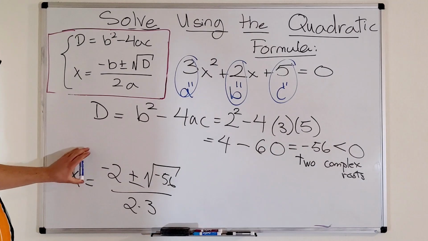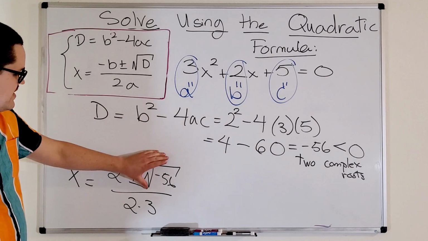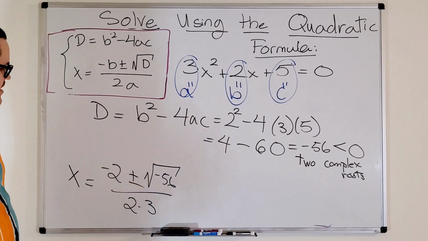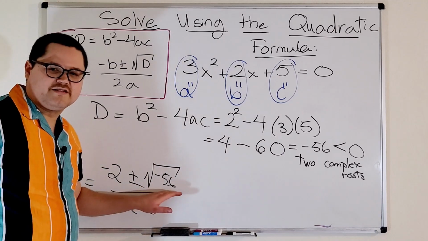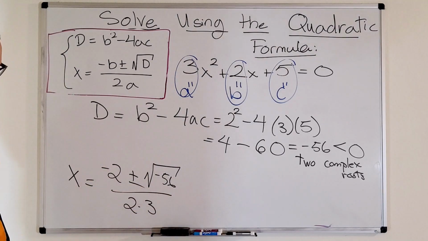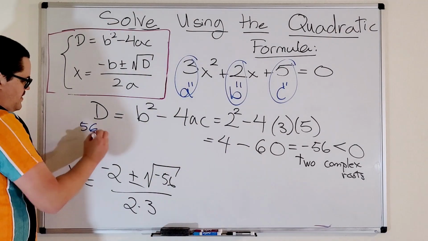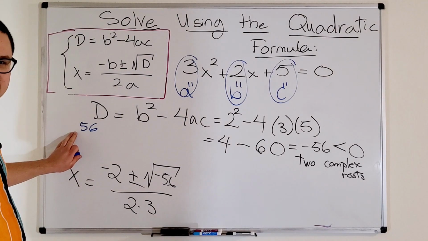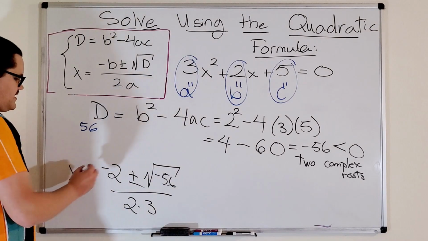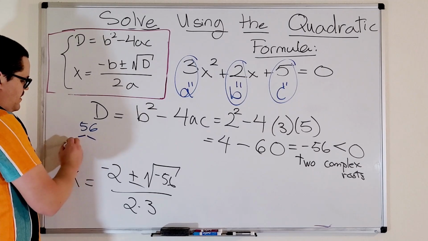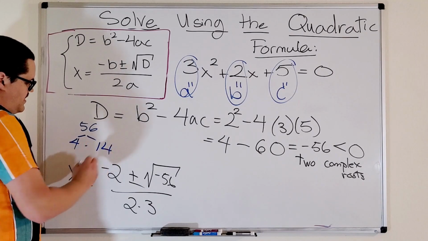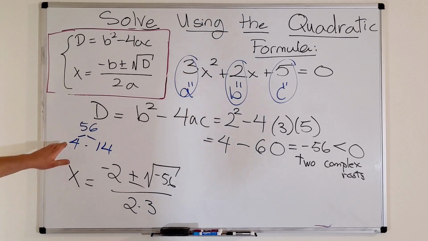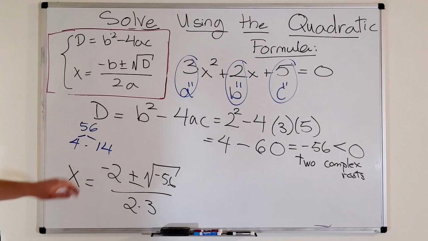The reason is that this can be simplified. There's a perfect square that goes into 56. So if I factor 56, 4 goes into 56. So 56 is 4 times 14. And there's no perfect square that goes into 14.